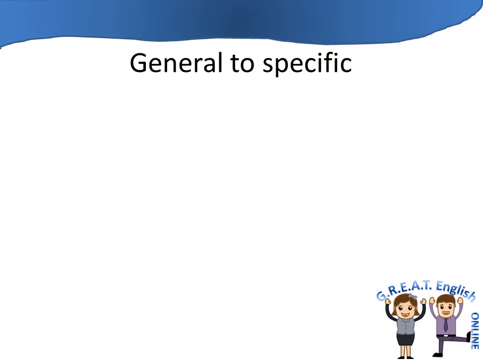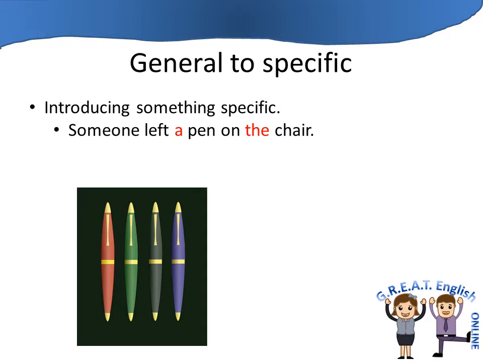We can use a and an to move from general to specific. For example, when we're introducing something, someone left a pen on the chair. The pen is being introduced, and so it is general. The chair is the same chair that you and I are thinking about, so it's specific.